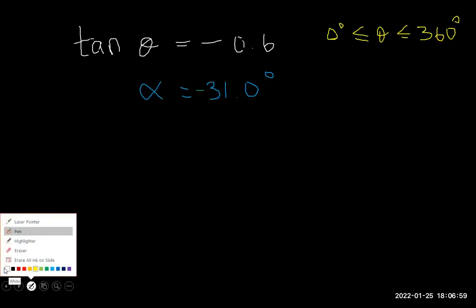So, who told me that one of the answers was minus 31? Me. Is that within the range? Oh no. Theta has to be greater than or equal to 0, but minus 31.0, that's less than 0, so that's not in my range.